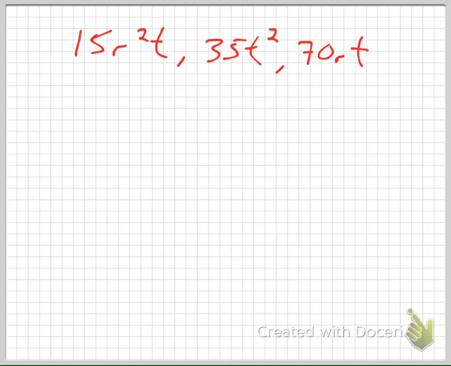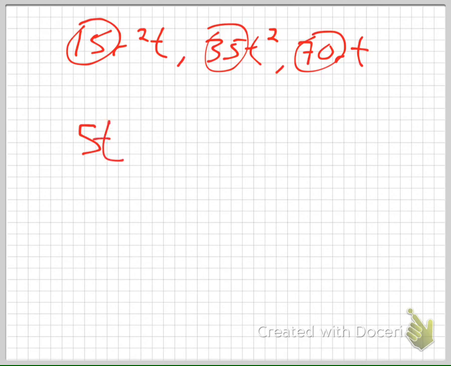Not 5. Oh, wait, would it be 5? Yeah, it is 5t. You're right. The biggest number that goes into all 3 of these is 5, right? And then you look, what's the biggest amount of r's in each one? There's no r's in this one, so it's no r here. And the biggest amount of t's in each one is t. So 5t would be the greatest common factor.